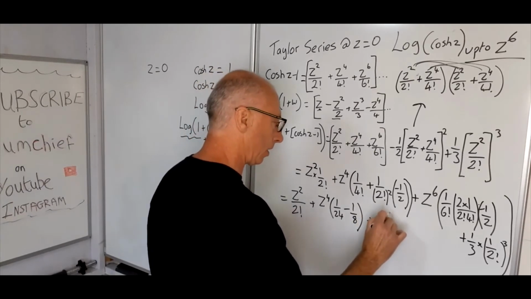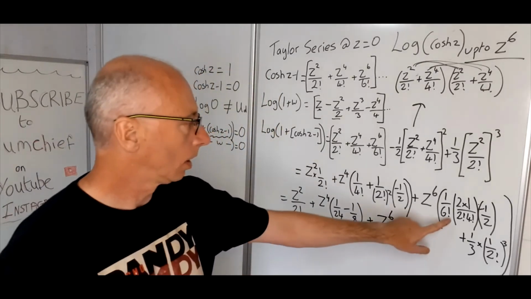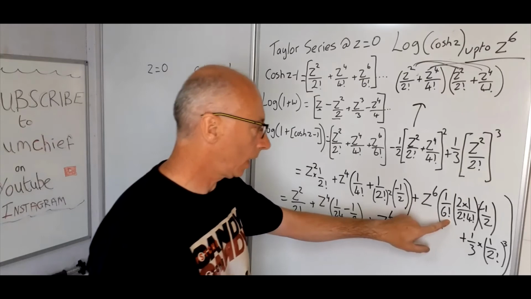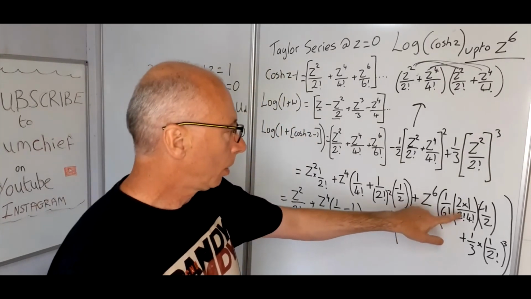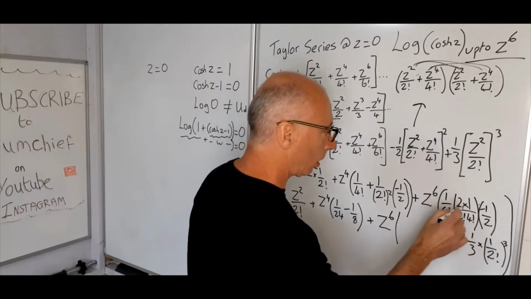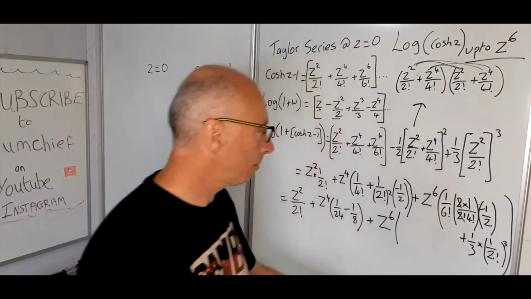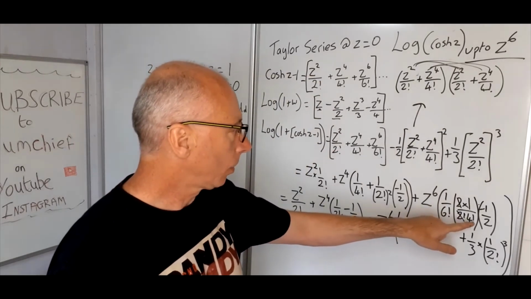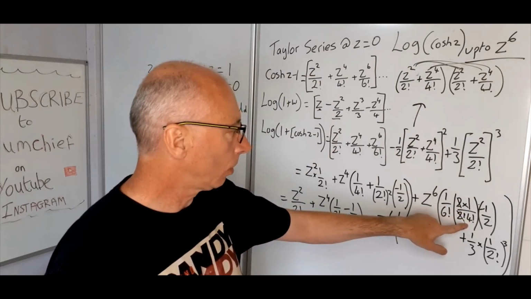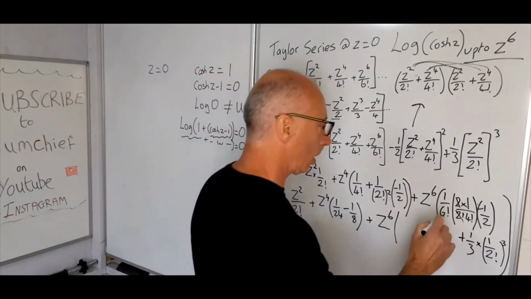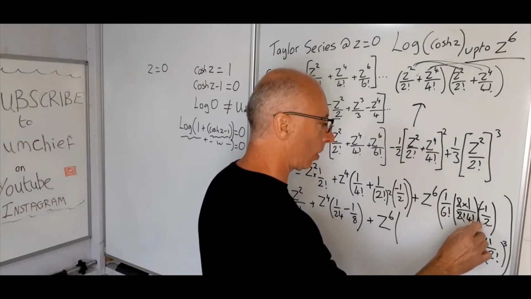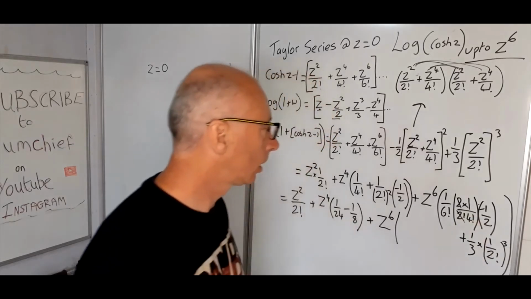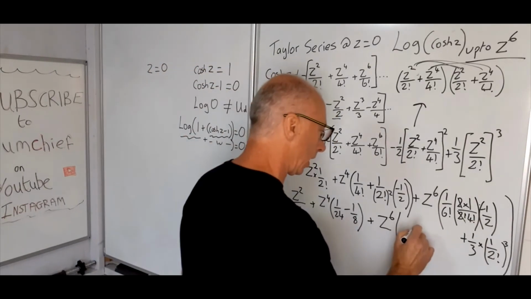And then z to the 6. So let's go careful here, this could be a little bit tricky. So 2 factorial at the bottom and 2 on the top, they cancel out, they're the same. We've got 1 over 4 factorial, that's 24, and we've got minus 1 over 2, so that's minus 1 over 48.